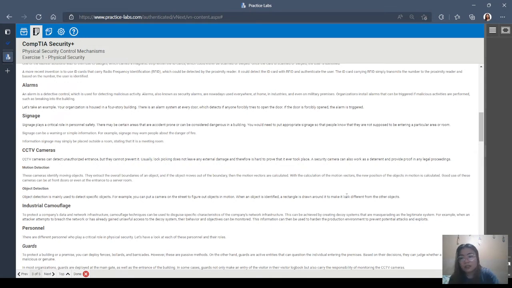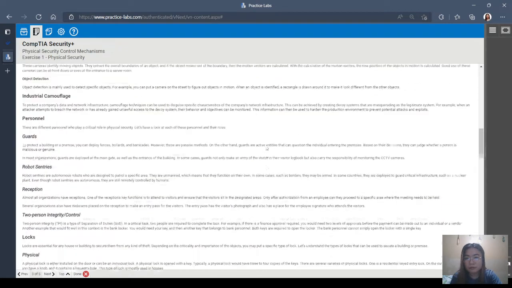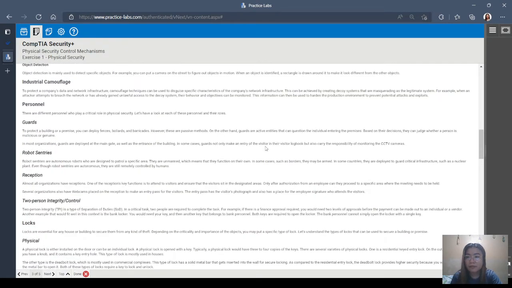Industrial camouflage to protect a company's data and network infrastructure. Camouflage techniques can be used to disguise specific characteristics of the company's network infrastructure. This can be achieved by creating decoy systems that are masquerading as the legitimate system.